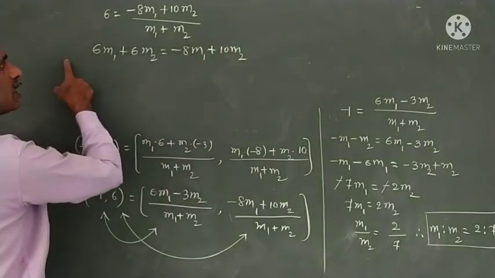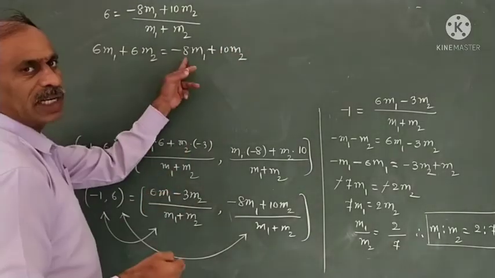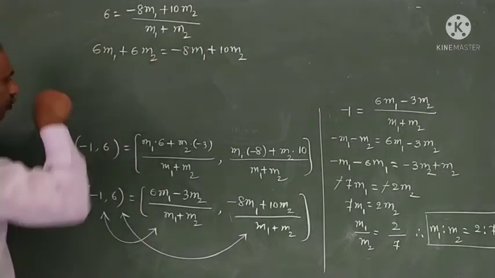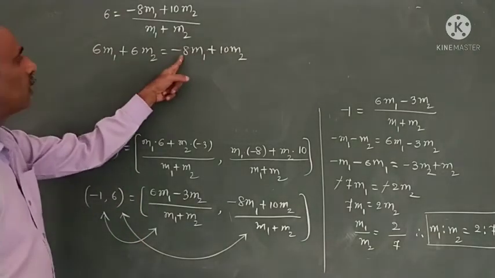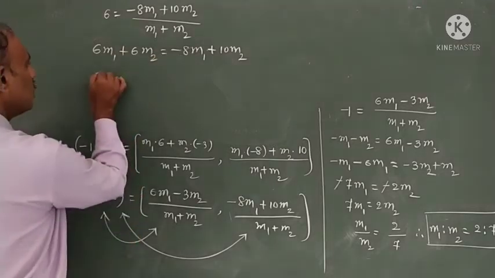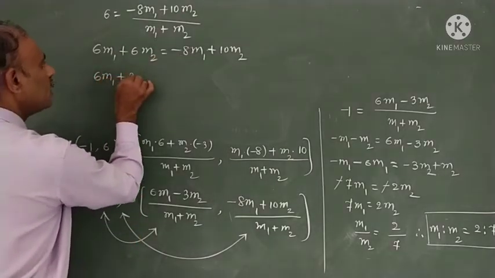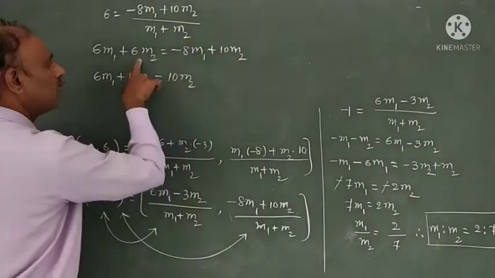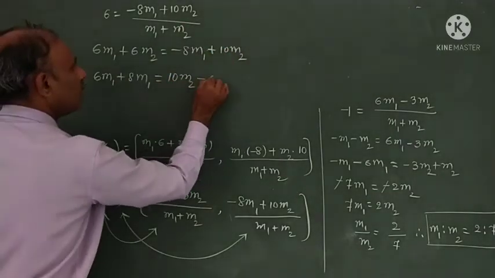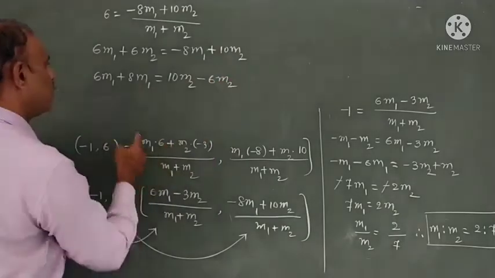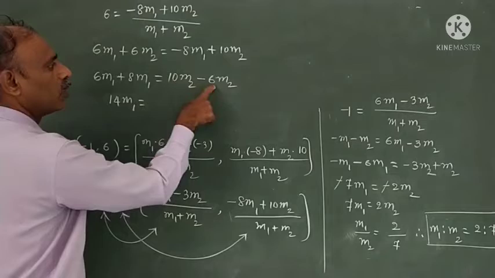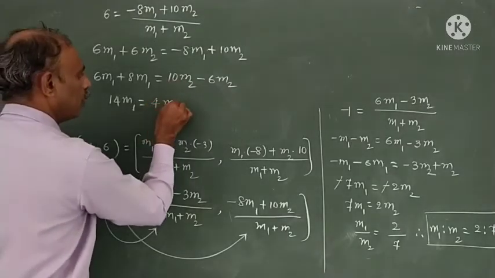Shift the -8m1 to the left-hand side, so 6m1 plus 8m1, and 10m2 is there. Shift this m2 to that side and it becomes minus 6m2, so this becomes 14m1 is equal to 10 minus 6, 4m2.